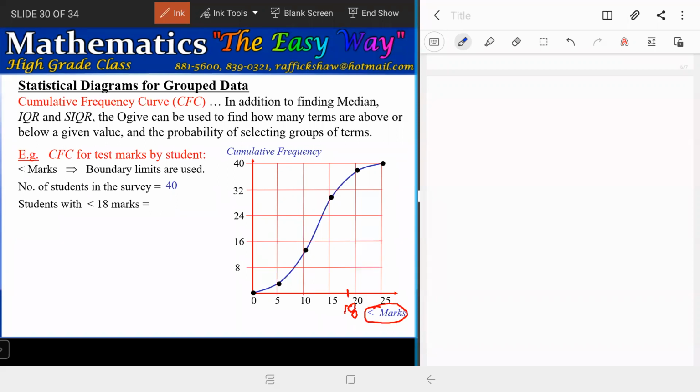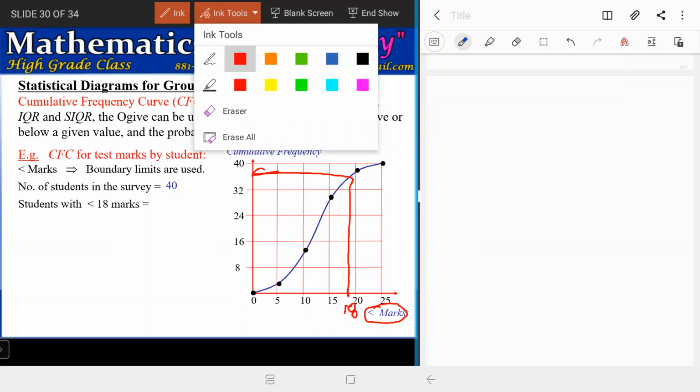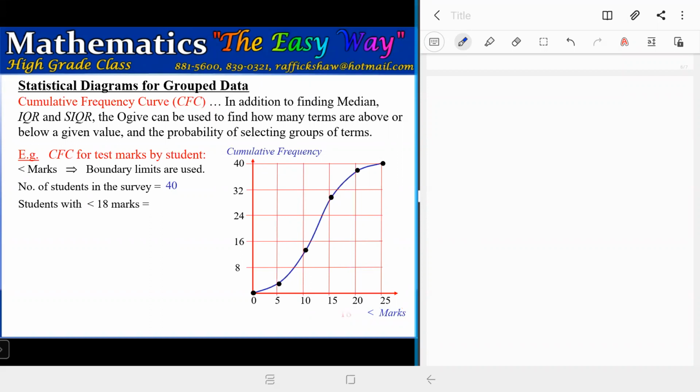If I want less than 18 marks, I'll just find 18 down there, come up on the graph and read it across and I get the number. All right, simple as that. So that tells me that 35 students scored less than 18 marks.